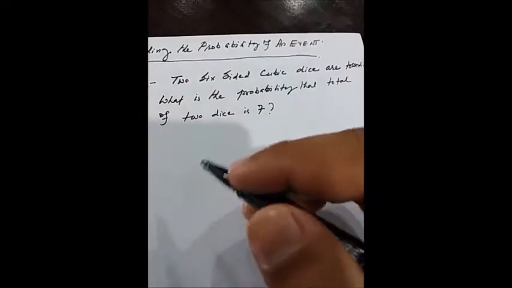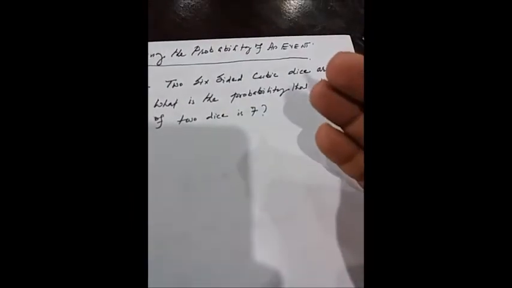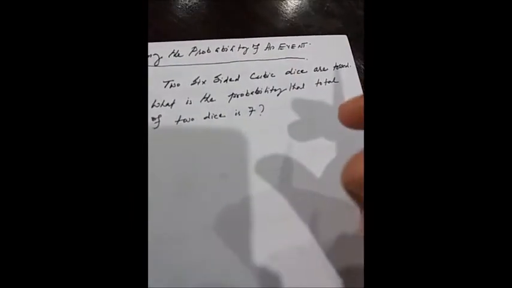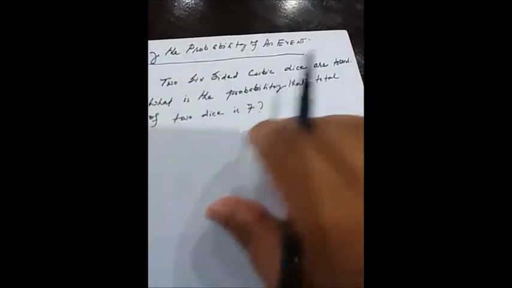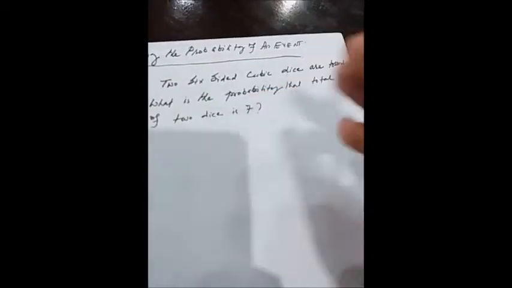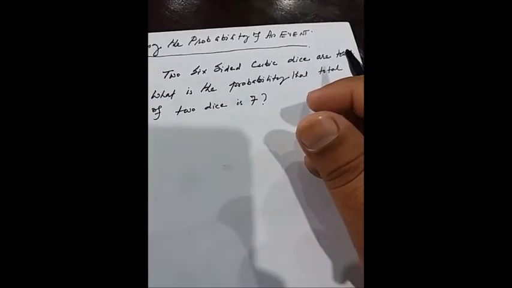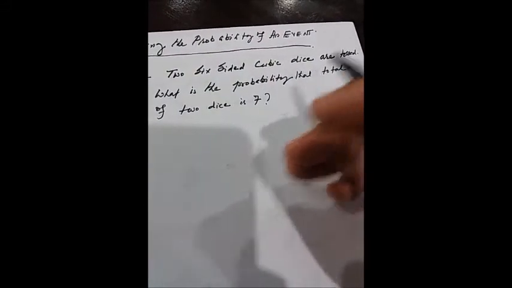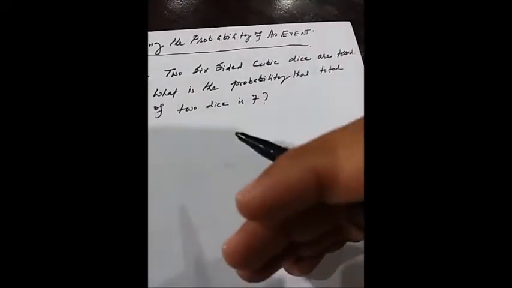So when we are tossing two six-sided cubic dice together, what is the probability that the total of two dice is 7? We have to find the probability of getting 7 from the two dice.